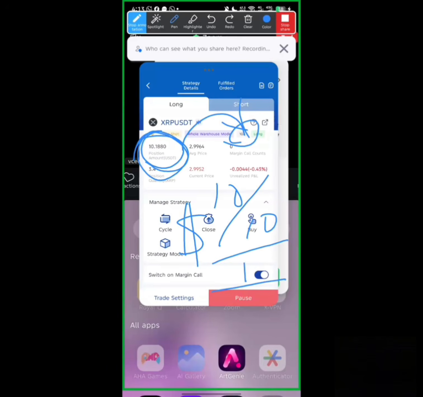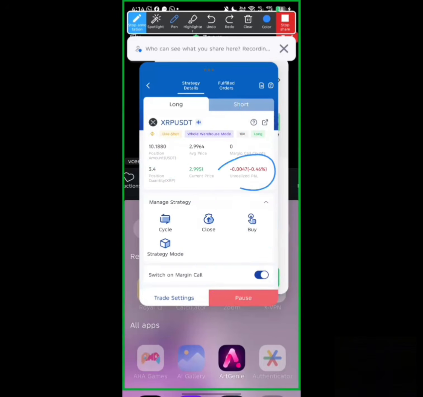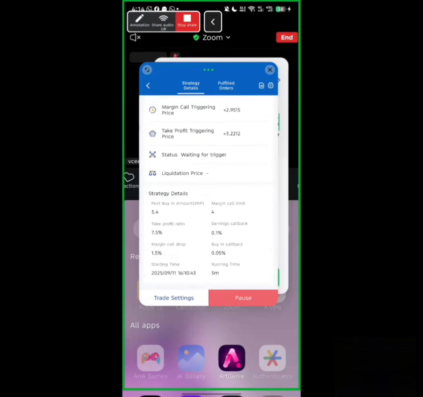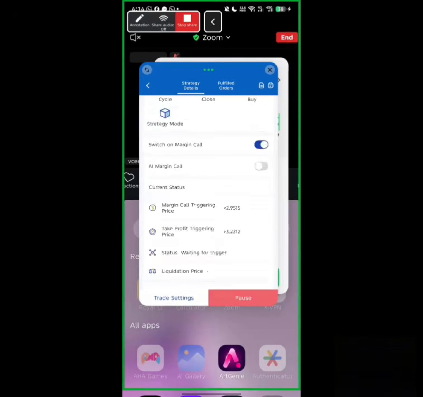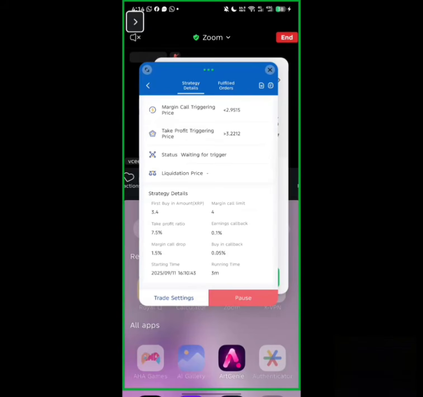So if the coin moves in my favor by just 1%, or let's say the coin delivers this 7.5% that I have put, how much of my capital is in the trade?